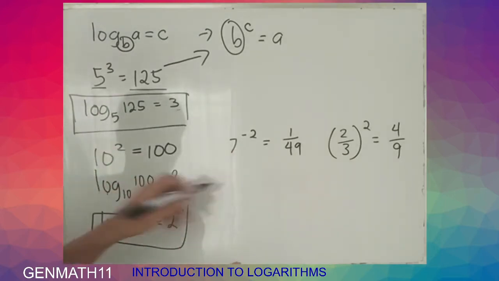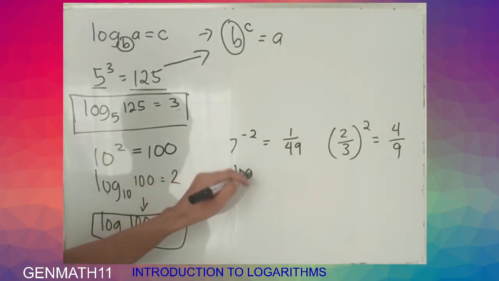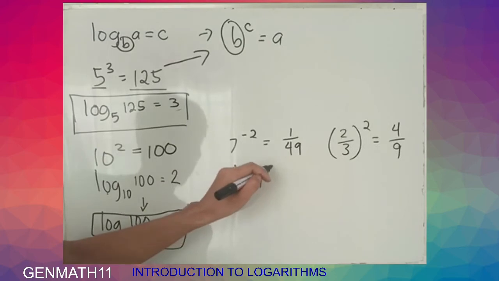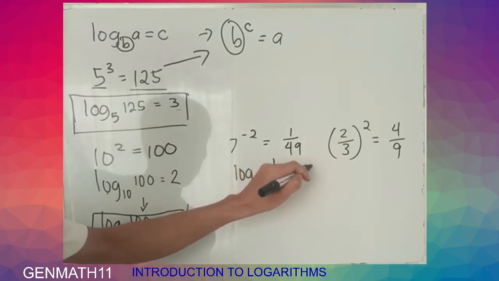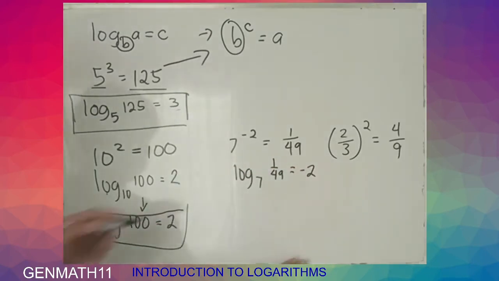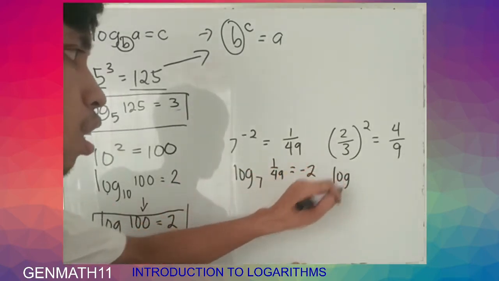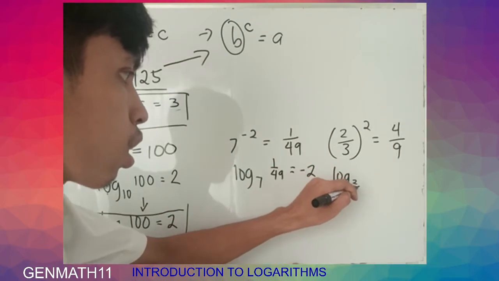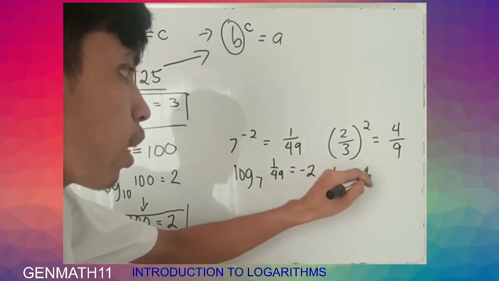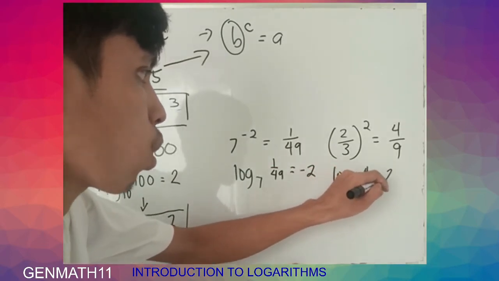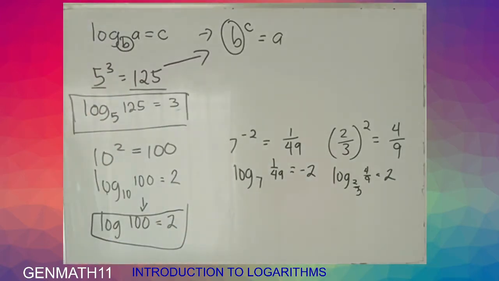Next. Ganun pa din, LOG pa din. Then, ang base natin is 7. Then, ang katabi ni 7 is 1/49 equals -2. Next, LOG din ulit. Then, 2/3. Katabi niya ay 4/9 equals 2. Ganun lang kasimple kapag pinag-uusapan si logarithms.